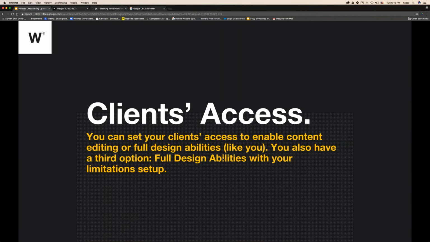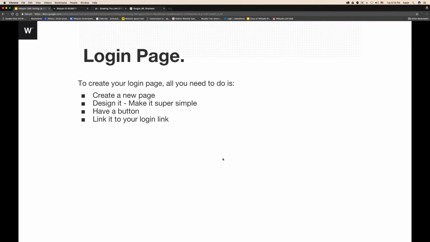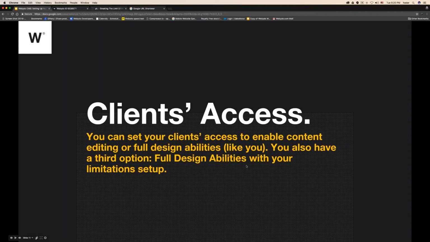So let's go back very quickly. All right, so link into your own login link. Clients access. So up until now, we figured out how to find your login link, how to understand it, how to understand your client side.